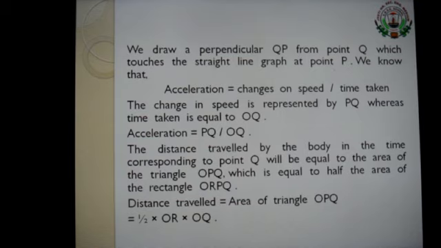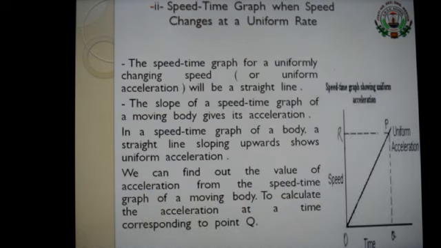The distance travelled by a moving body in a given time can also be calculated from its speed time graph. The distance travelled by the body in the time corresponding to point Q will be equal to the area of the triangle OPQ, which is equal to half the area of rectangle ORPQ.